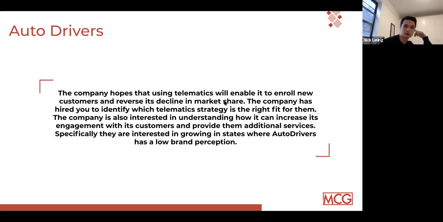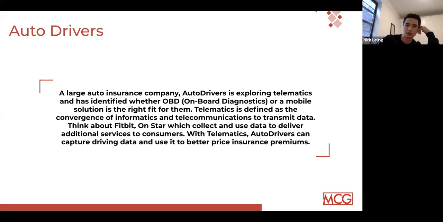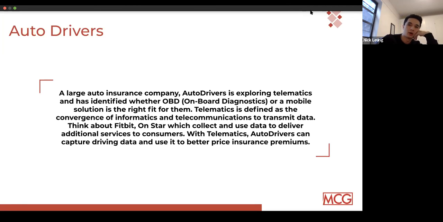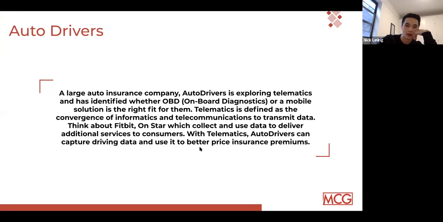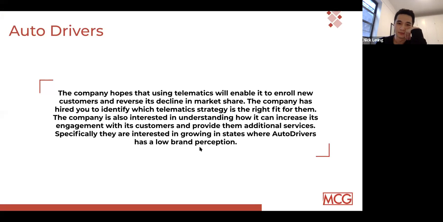So they want to implement a telematic strategy. How I would go about summarizing this case is: our client is Auto Drivers, and they're interested in exploring a telematic solution, and they have two solutions for us, OBD and mobile. They're using this strategy to help reverse the company's decline in market share.